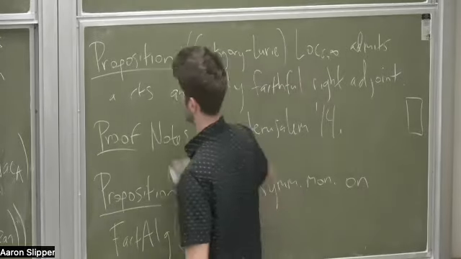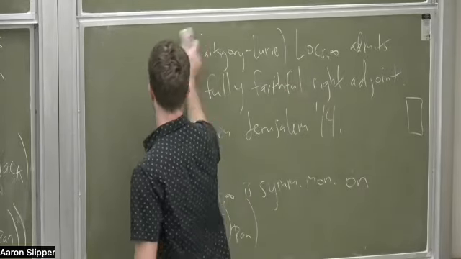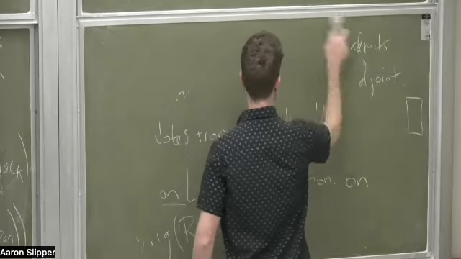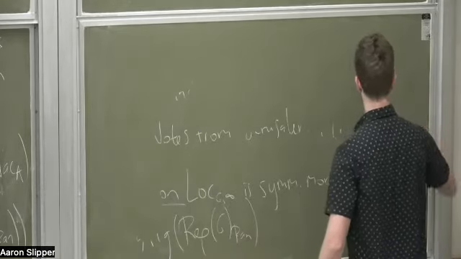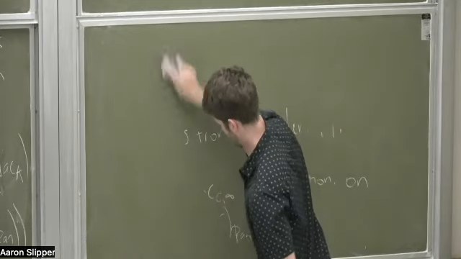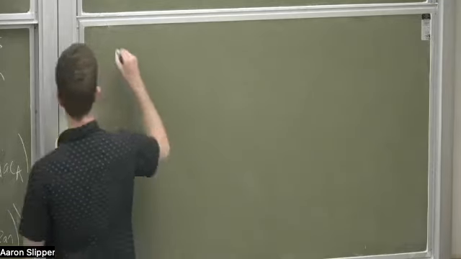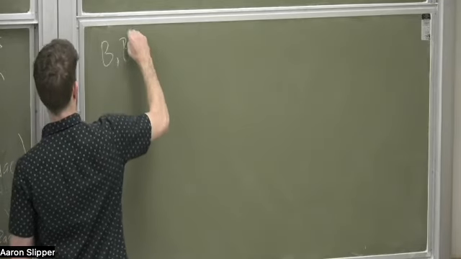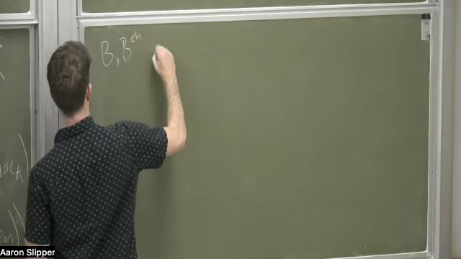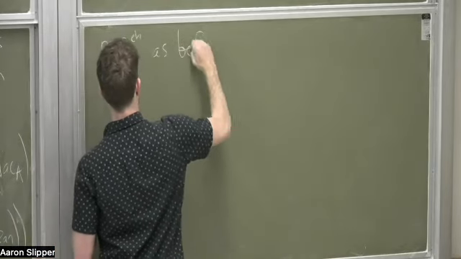Now here's the construction. We're going to rerun the same construction we did before one more time, but now with the Hecke action present. So suppose we're given B enhanced as before.